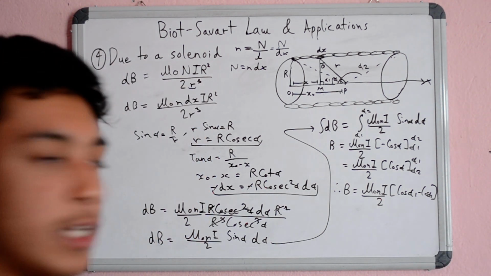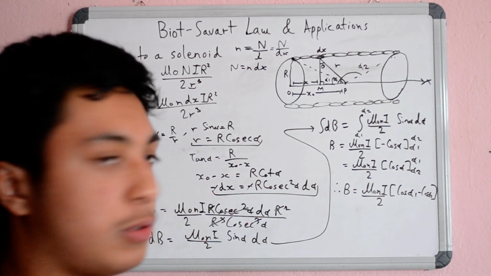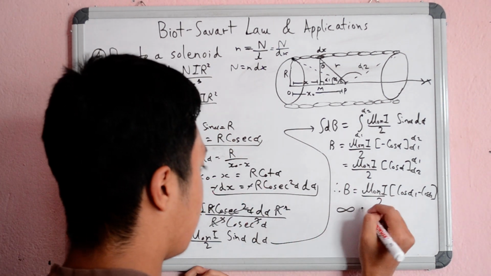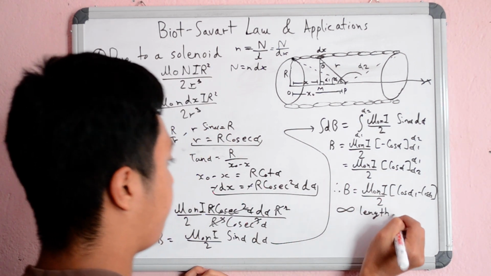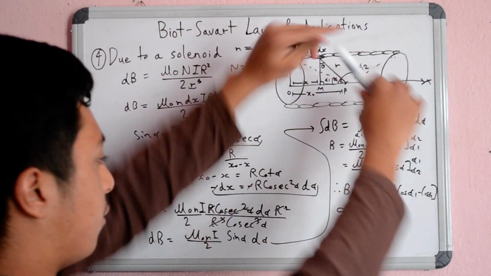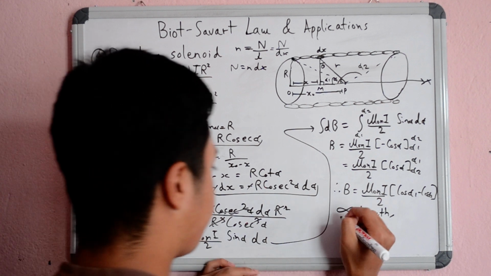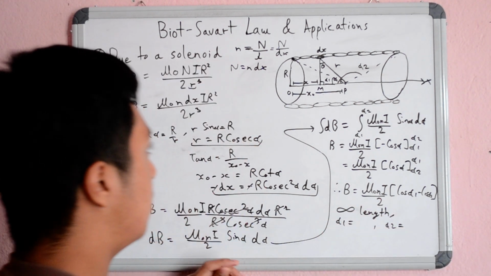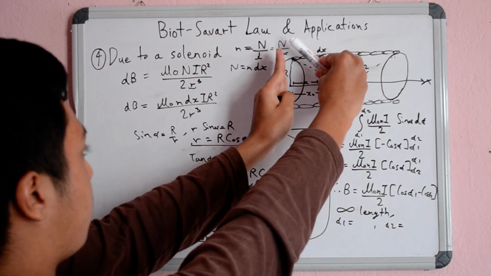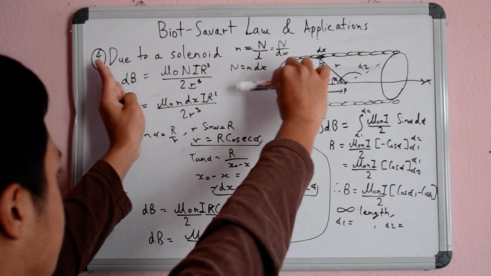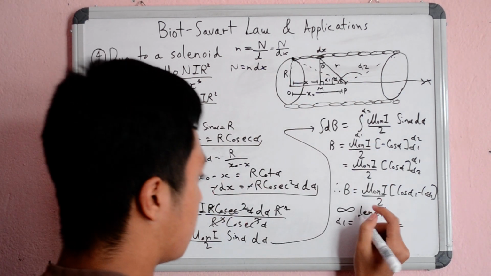Now we again have to take two cases. Let's use the frequent one used in numericals, which is for infinite length of the solenoid. Meaning that if this is infinite length, then we will have to find alpha 1 and alpha 2. So here alpha 1, if you stretch it very far, will almost become 0.